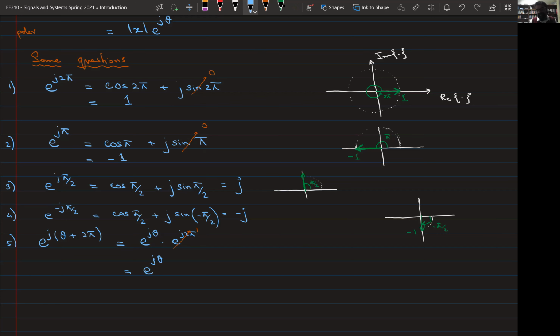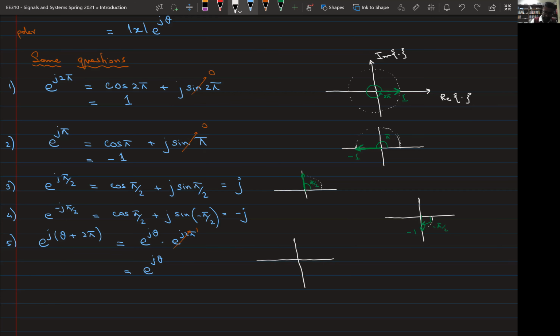What do I mean exactly by periodicity? We're going to talk about it a little while later as well. Like in angles we know for a fact that the angle theta is exactly the same as the angle theta plus 2 pi.